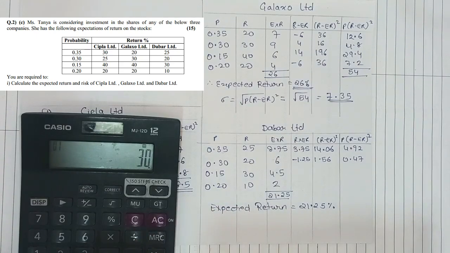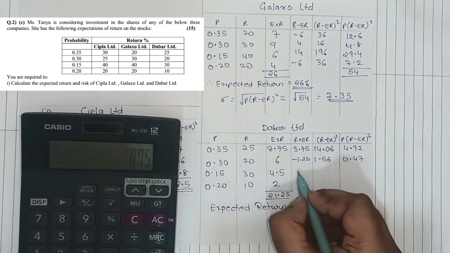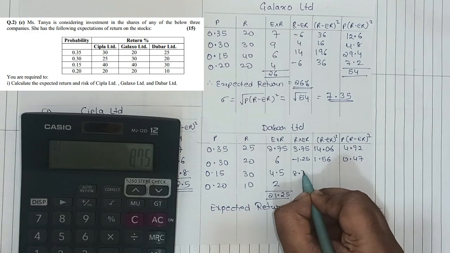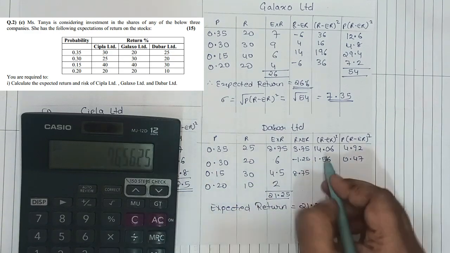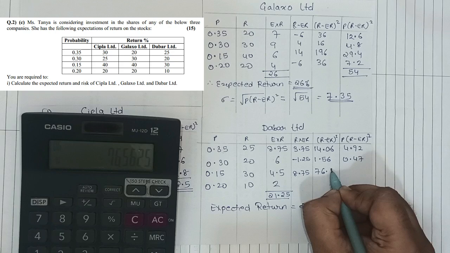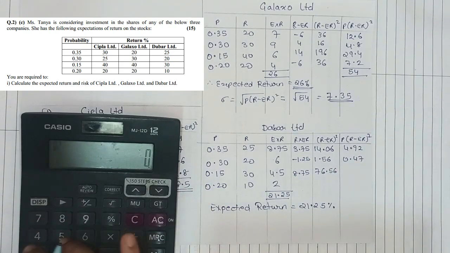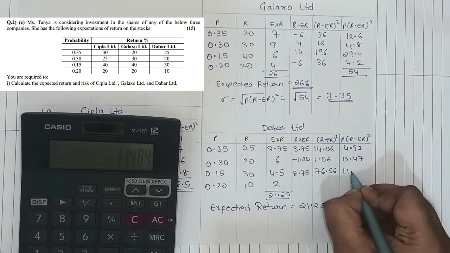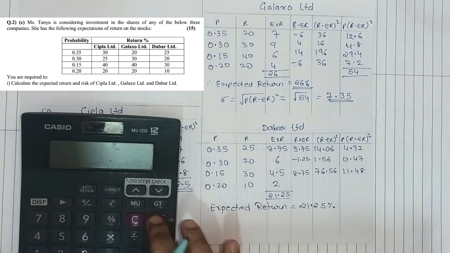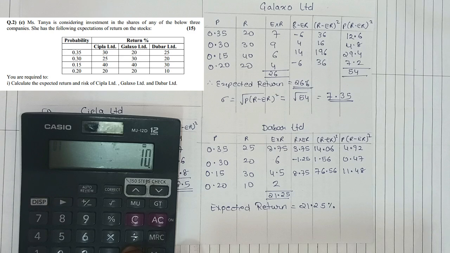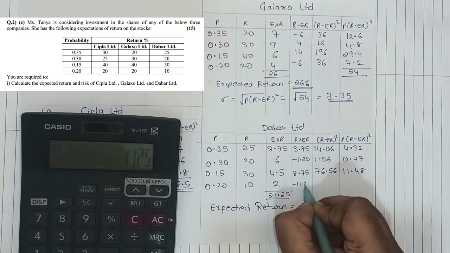Next, 30 minus 21.25 is 8.75. The square of that is 76.56. So 76.56 into 0.15 is 11.48. 10 minus 21.25 is negative 11.25.